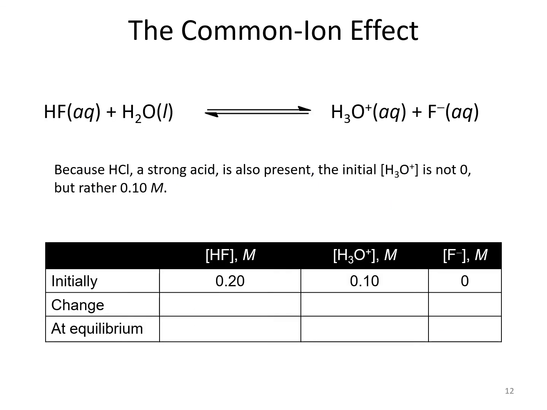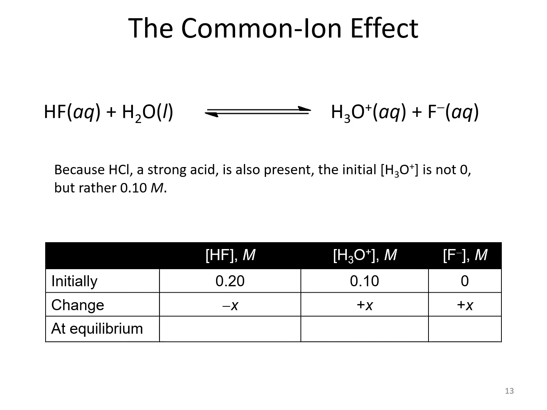Then you start with your ice table. HCl is the strong acid. It's present initially in the solution. So when I write my equation, I'm going to include for the acid component the 0.1 molar from the HCl.